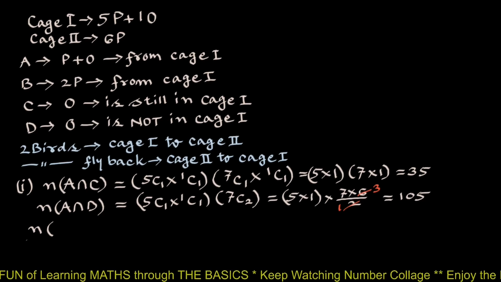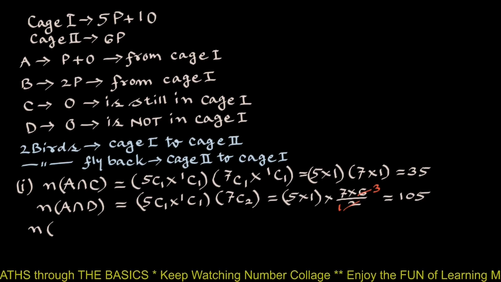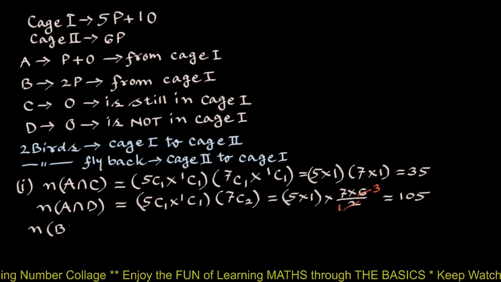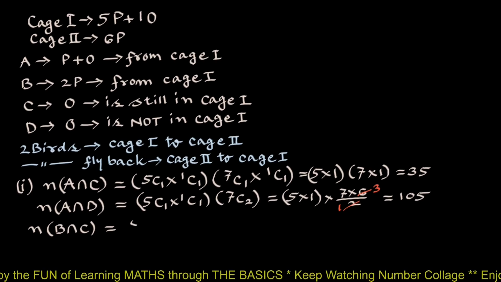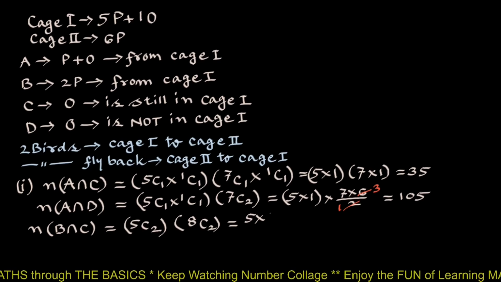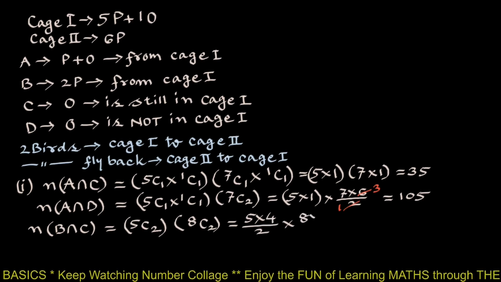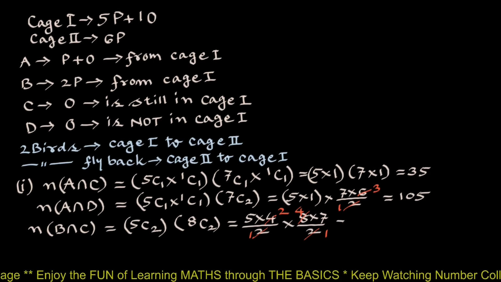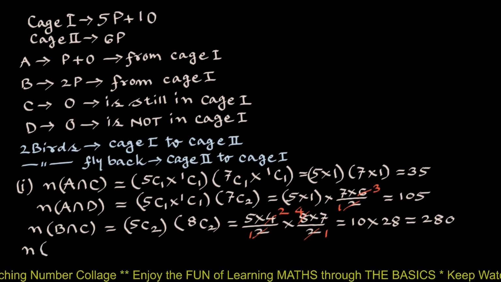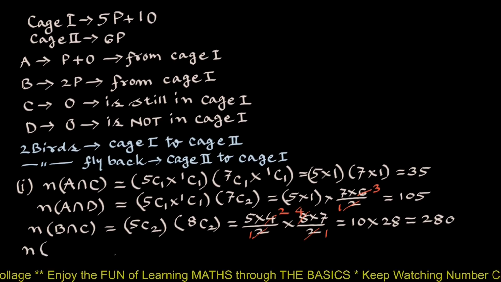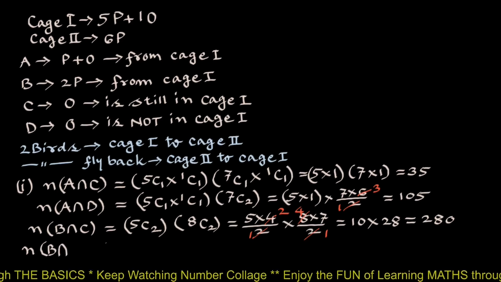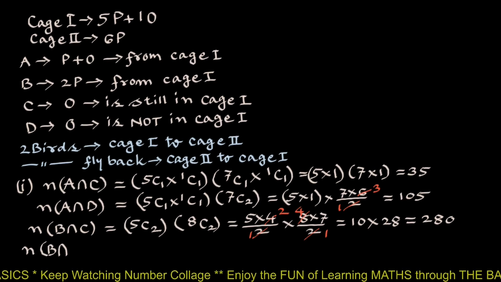Next, number of elements when two parrots fly from cage 1 and owl is still in cage 1, that is B intersection C is 5C2 into 5 plus 2 plus 1, 8C2, which is 5 into 4 upon 2 into 8 into 7 upon 2, which is 10 multiplied by 28, 280. And number of elements of the event that two parrots fly from cage 1, that is B intersection the owl is not in cage 1, that is D, will be 0.